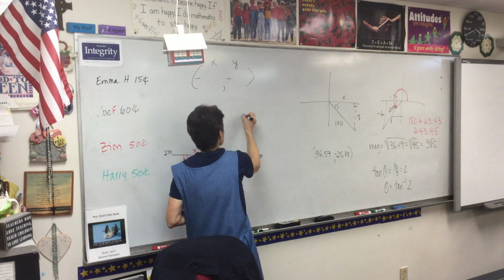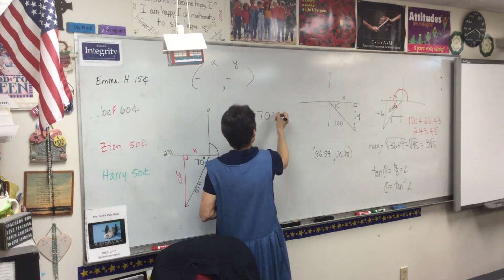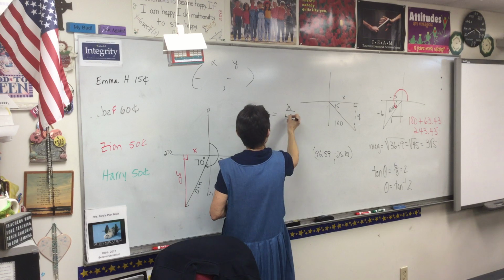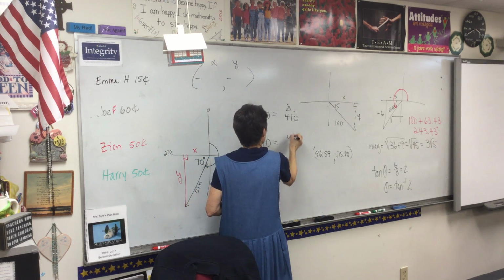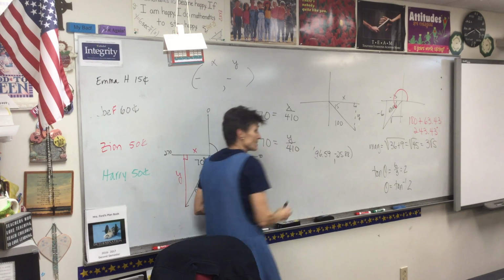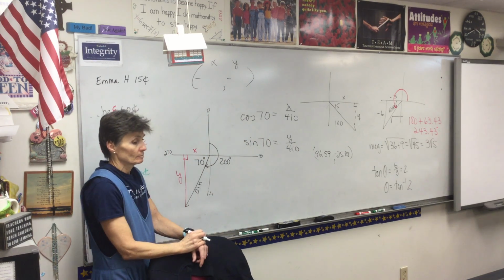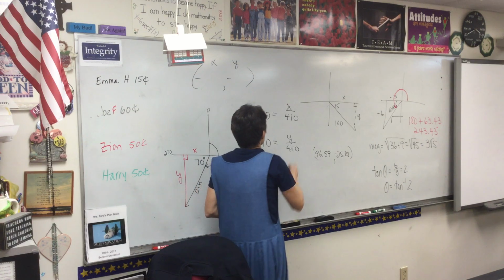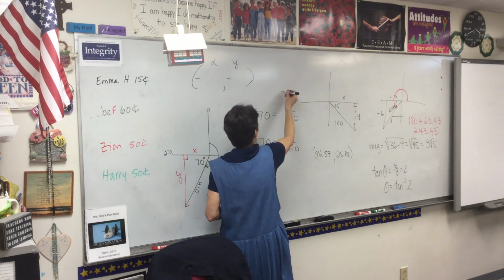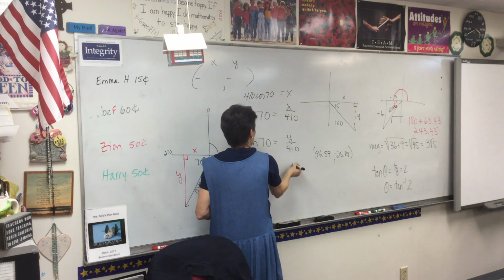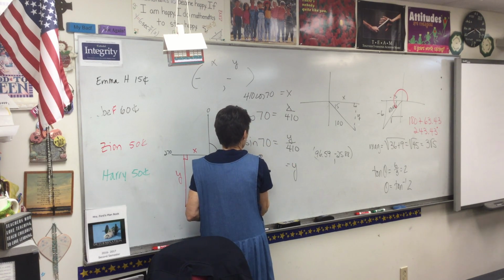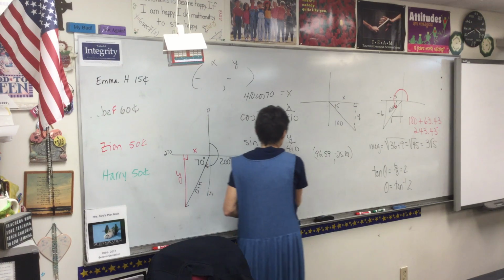So I'll say cosine 70 equals x over 410, and sine 70 equals y over 410. Is that okay? So then x will equal 410 cosine 70, and y will equal 410 sine 70.